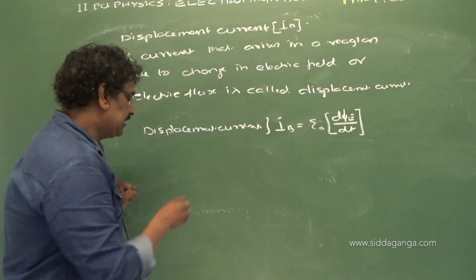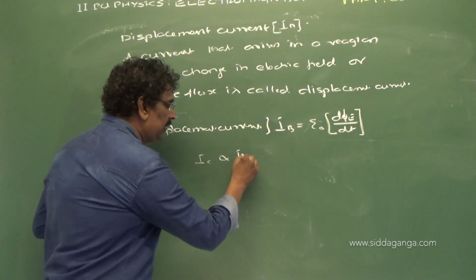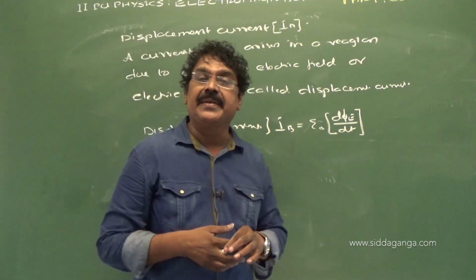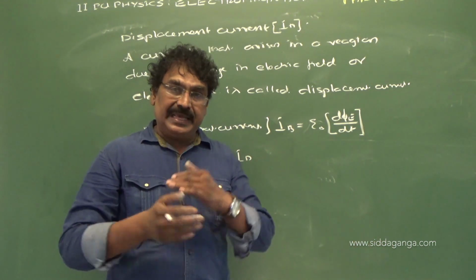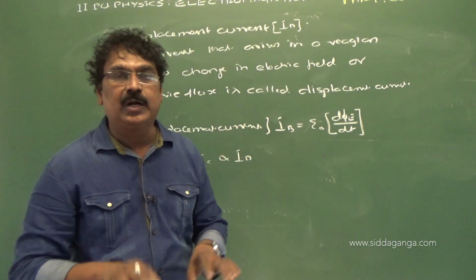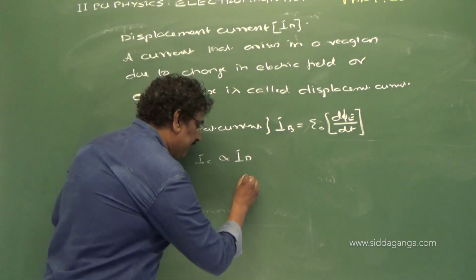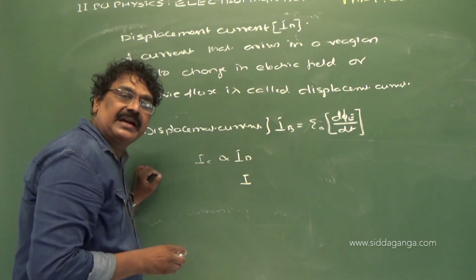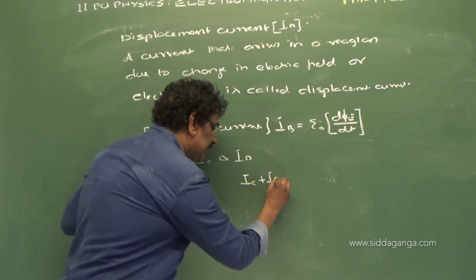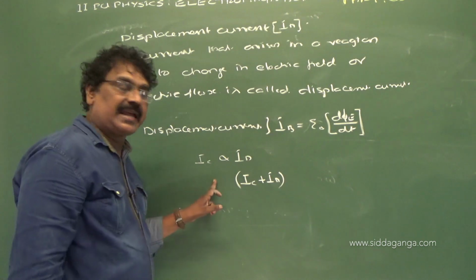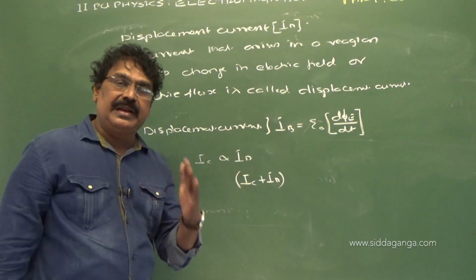Conduction current IC and displacement current ID are individually discontinuous, but when they exist in different parts of a circuit, the total current in the circuit, IC plus ID, is continuous.